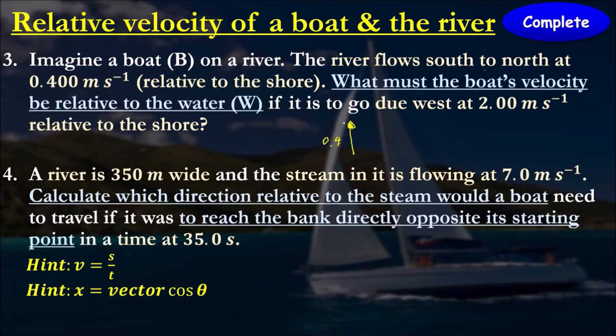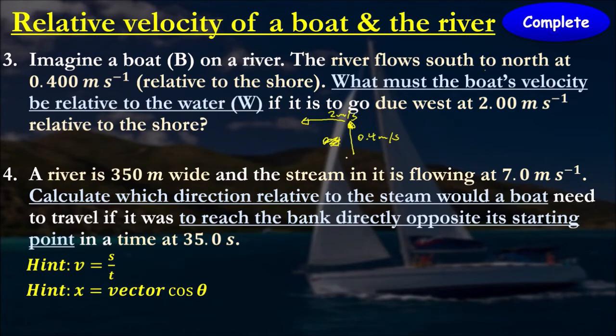Okay, so it's going due west, this way, at 2 meters per second. So the question is, what is the relative velocity between the water and our boat, if these were the movements that we see here?